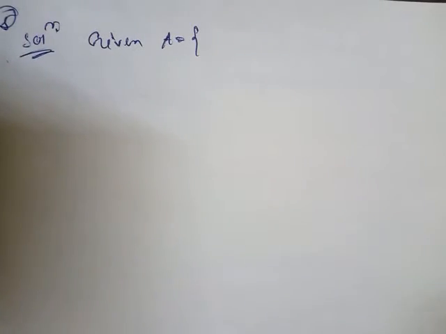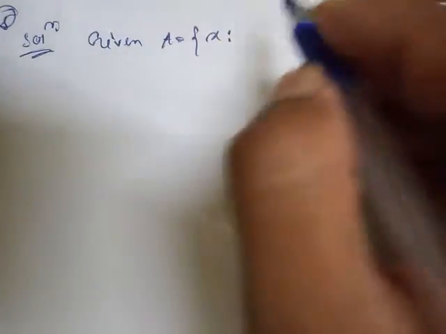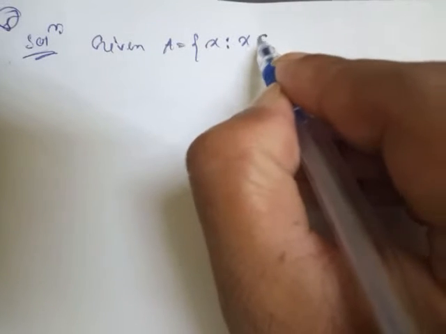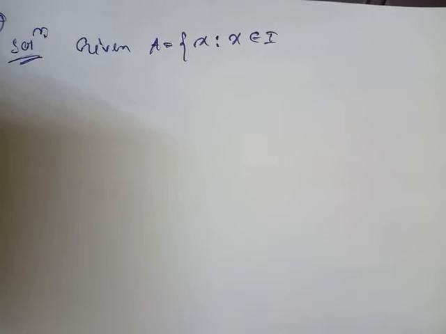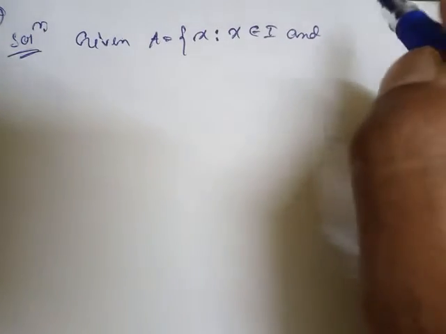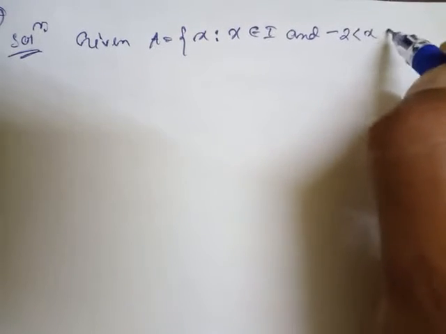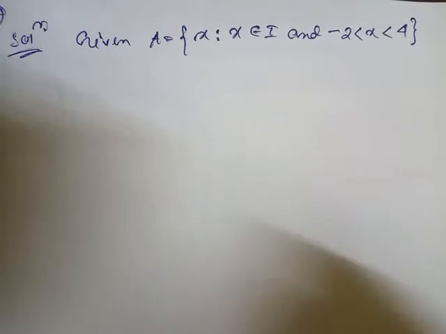Given that, A equals {x : x belongs to I and minus 2 less than x less than 4}. This is the given question.